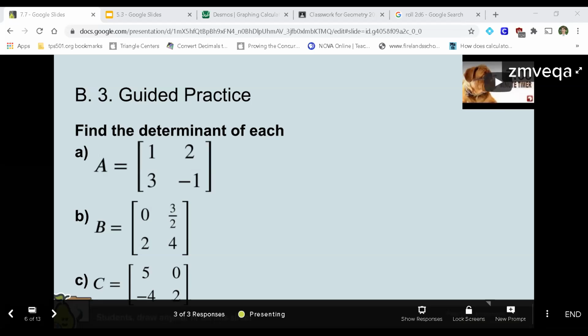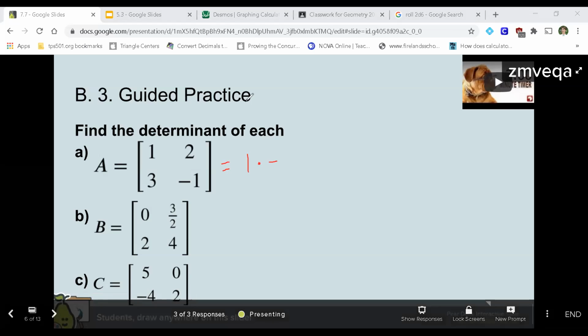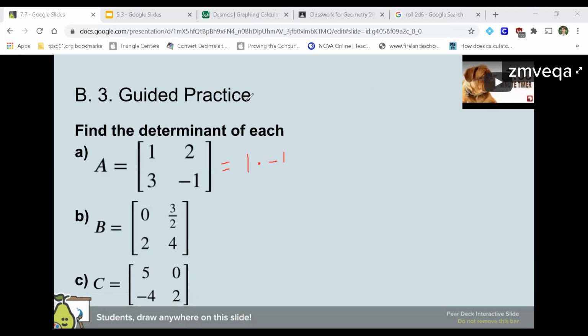Shall we just have everyone take one? That seems fair. Caitlin, you want to start us off? Yeah, so we take 1 times -1, which is -1, and then 3 times 2, which is 6, so -1 minus 6 is -7. Good job. Ty, what you got?